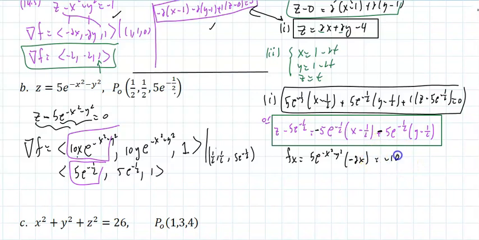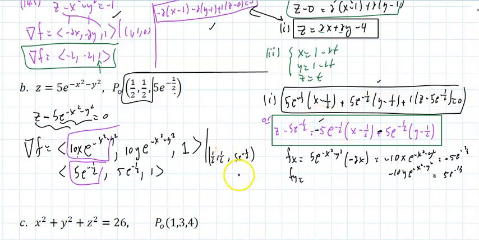So that's going to be negative 10x e to the negative x squared minus y squared. And f sub y is going to equal, obviously, negative 10y e to the negative x squared minus y squared, evaluated at 1/2, 1/2. That is negative 5e to the negative 1/2, and that's negative 5e to the negative 1/2. So depending what you use, this is what we did in the previous section. This is what we're doing now. It's up to you.